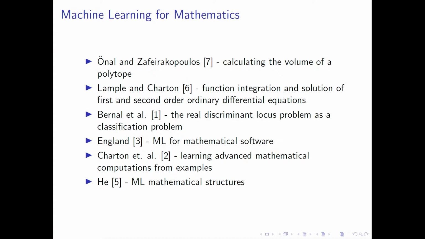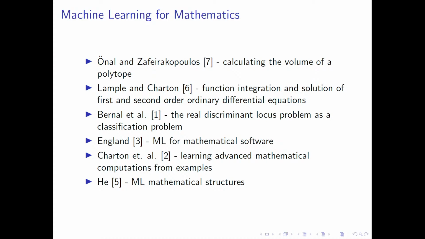And they use feed-forward networks, autoencoders, and end-to-end networks for doing this. With this study, they intend to start a discussion about applying machine learning techniques to computationally hard geometric problems.